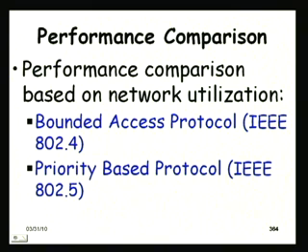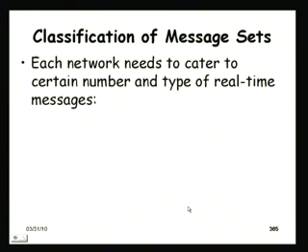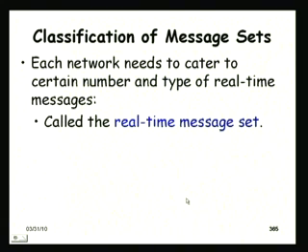So, we will see how we can compare the performance of two important protocols, the bounded access protocol, that is the IEEE 802.4, and the priority based protocol, the IEEE 802.5. We had discussed the working of these two protocols. Now, before we can do the comparison, first let us try to see what kind of messages are handled, the message sets for these networks.